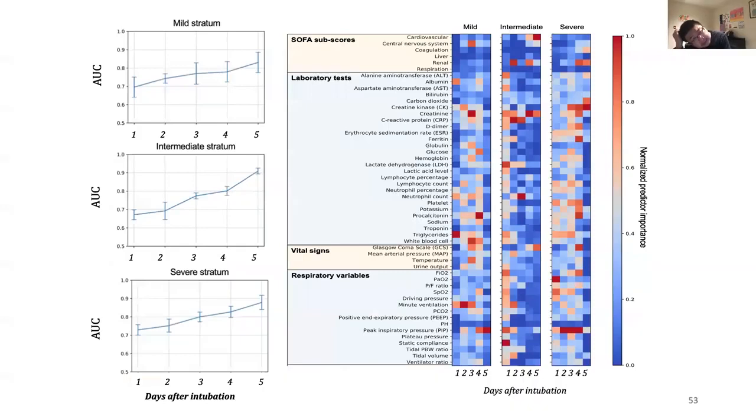As we said, we want to build predictive models from the clinical characteristics of the patient at an early stage, and this shows the prediction performance. The predictive model here is based on the random forest classifier. We can see that if we use more and more information from day 1 to day 5, the classification performance increases.